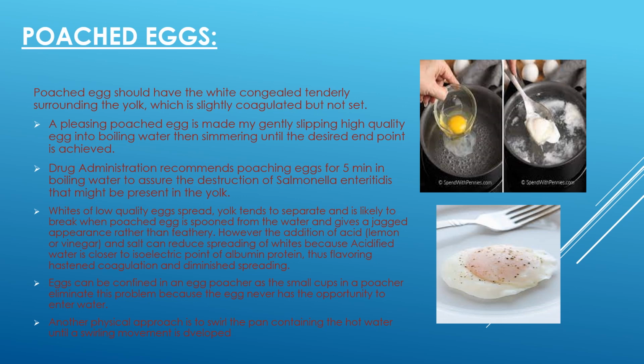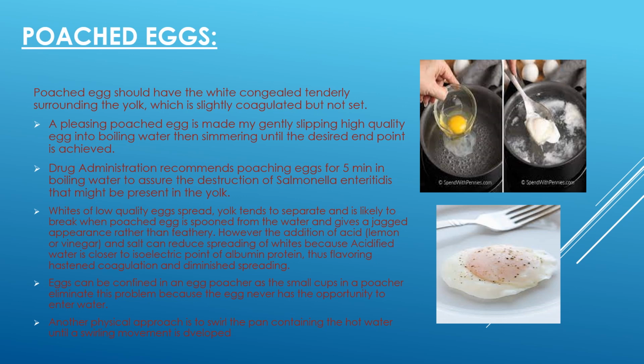However, you can improve the spreading quality of a poached egg by adding lemon, vinegar, or salt to the water. By doing that, the poached egg will not spread out while you are cooking it in the water.